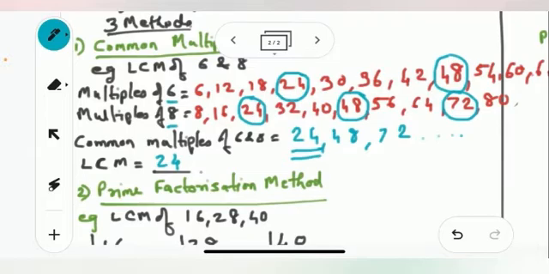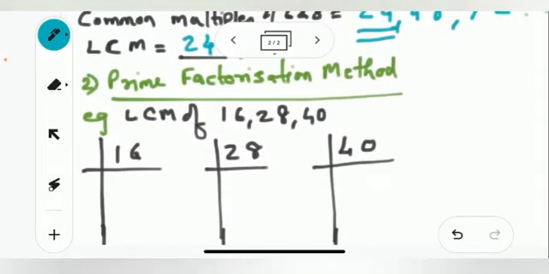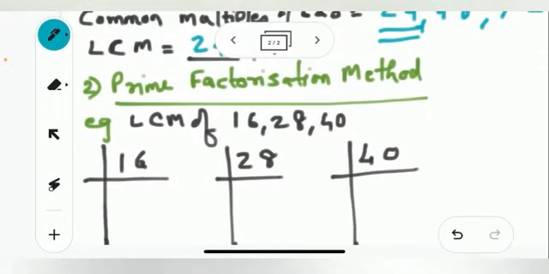The second method is the prime factorization method. This is the next method; we can find LCM using this method as well. In this method, we first find the prime factors of each number. Now you know how to find the prime factors, which we have studied before.